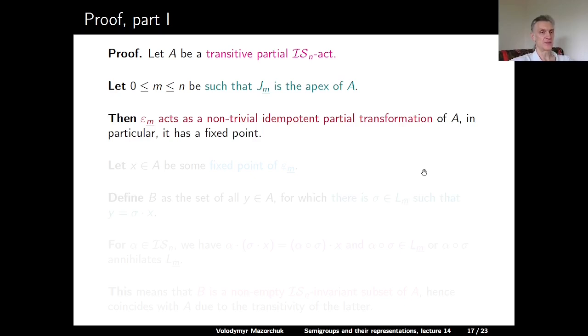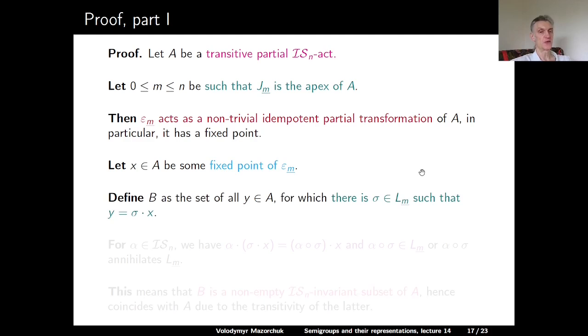Then the idempotent epsilon m underlined acts as a non-trivial idempotent partial transformation of A. In particular, it has a fixed point on A. So let x be a fixed point of epsilon m underlined in our act A.